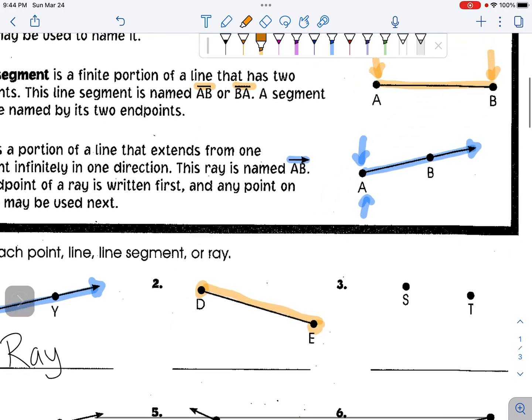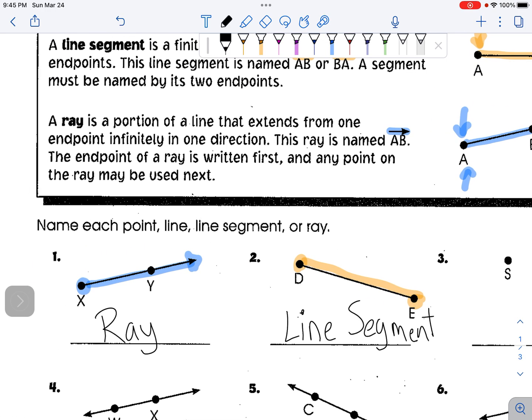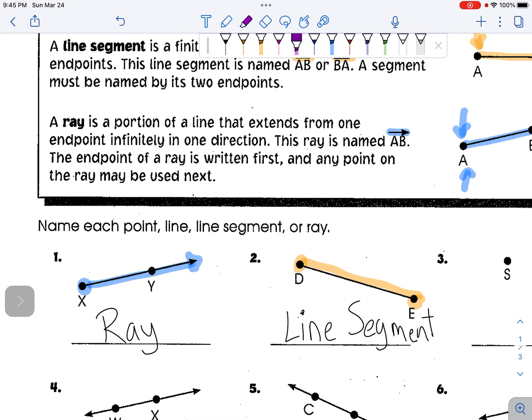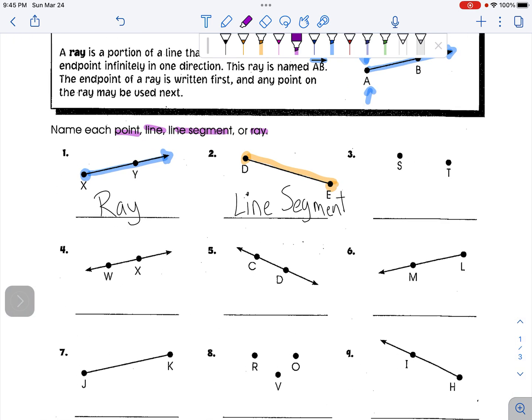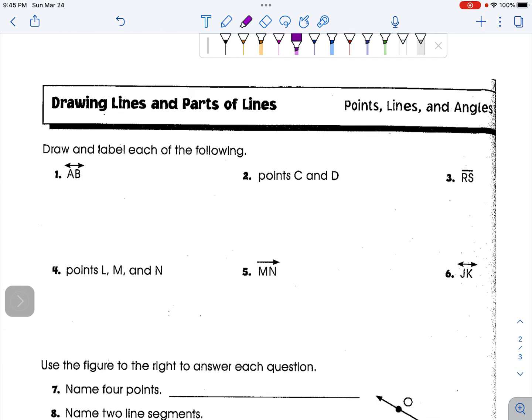That is a line segment. You can use the examples from up above to help you figure out what to call each one. Notice that your choices are right here: a point, a line segment, or a ray. On the back side, here's where you need to actually do the drawing yourself.